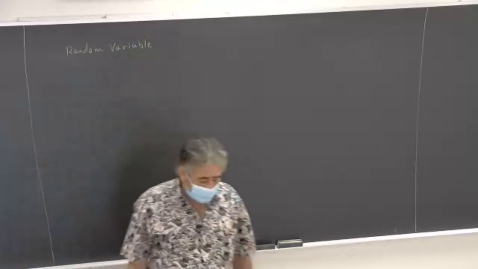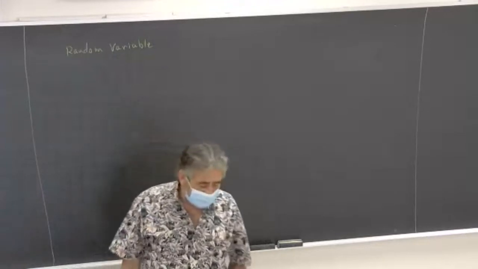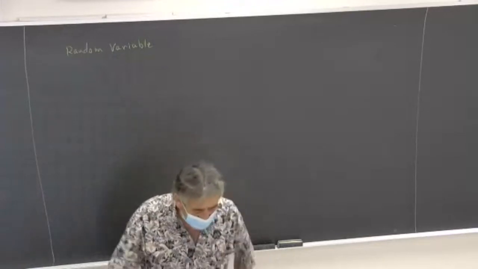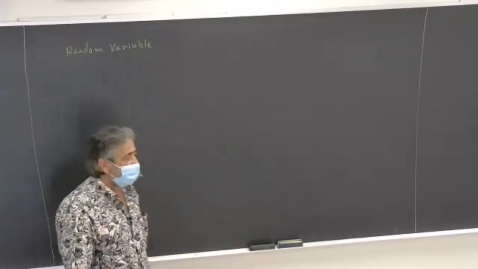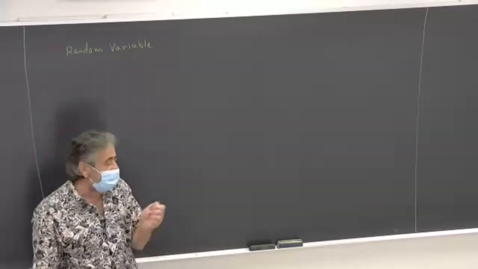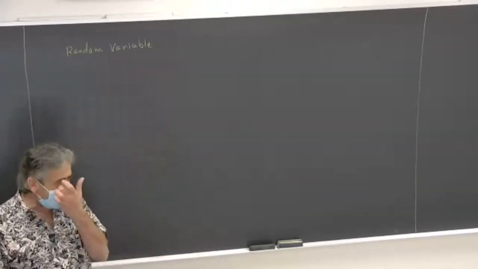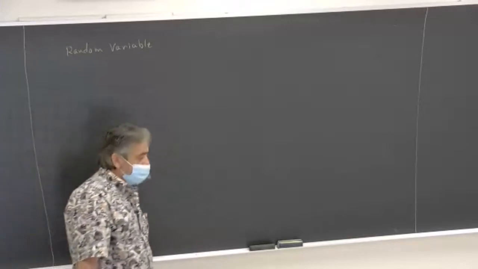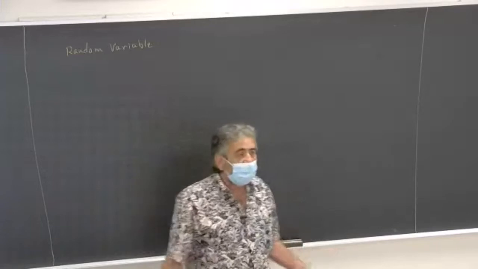A random variable, let's call it x, is a function that assigns a real number to each outcome of an experiment. So if we do an experiment, a random variable will assign a particular number for each outcome of the experiment. Yes? So let's say we're going to do an experiment of rolling a die.